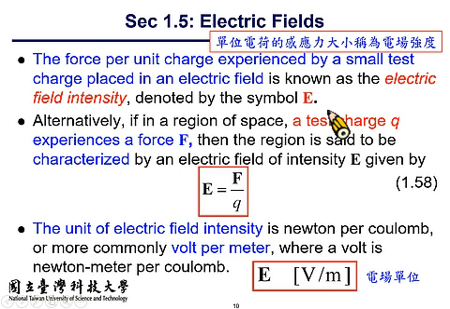So the electrical field intensity is defined as F over Q. F is the force if you put another charged particle in the vicinity, in the neighborhood of the charged particle.